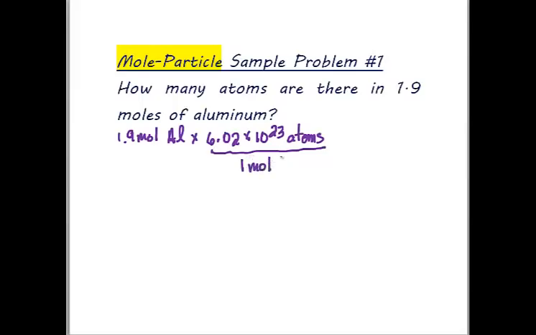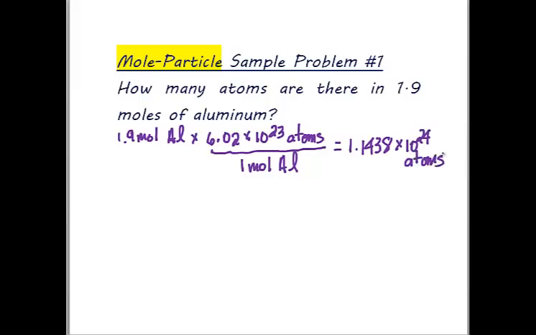And you can see by setting it up this way, what's going to happen is our moles of aluminum are going to cancel. And if I know how to use my calculator correctly, I'm going to get an answer that looks like this on my calculator. 1.1438 times 10 to the 24th atoms of aluminum.